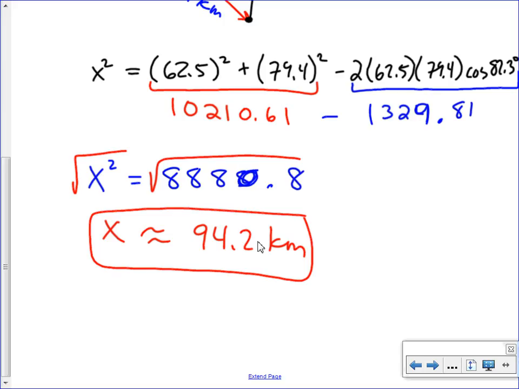Cosine 87.2 times 65 times 7.4 times cosine.